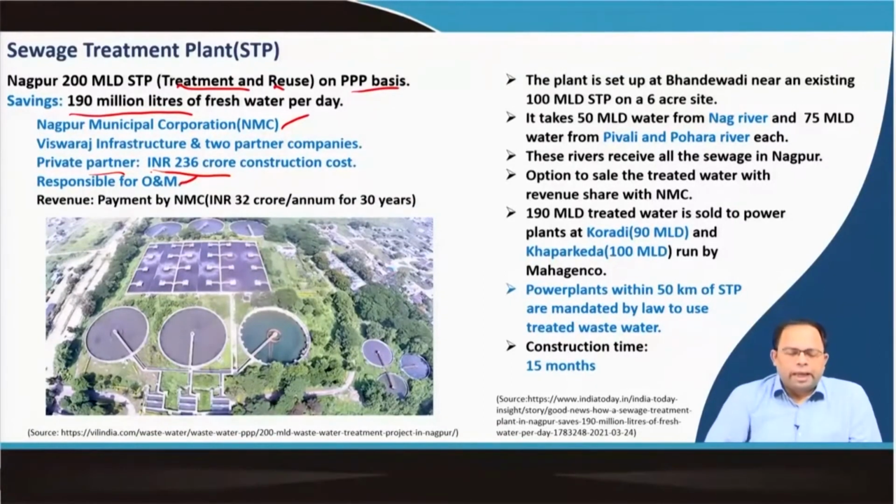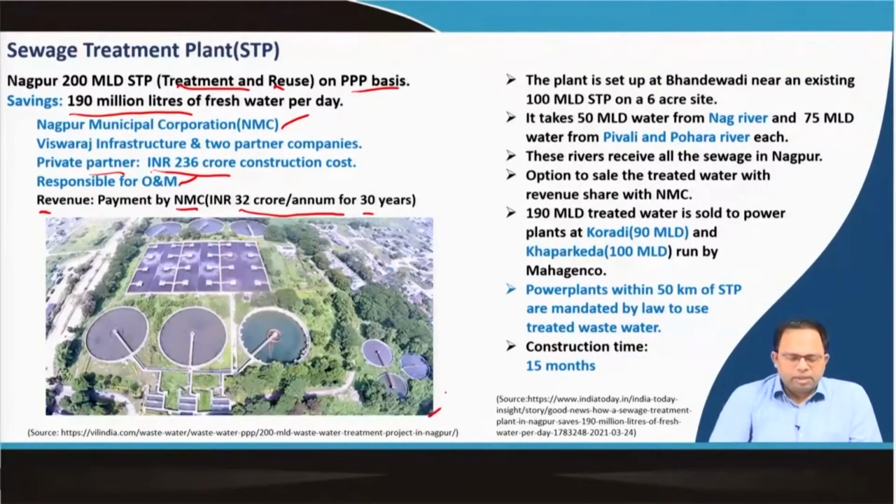The payment has to be made by the Nagpur Municipal Corporation, and this is the revenue the private consortium earns, around 32 crores per annum for a 30-year period. So, this is the money the municipality keeps on paying the company for keeping this plant operating.